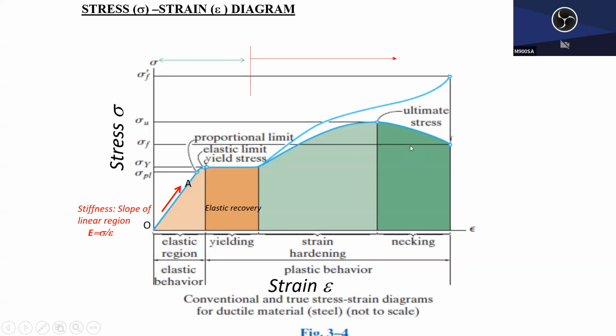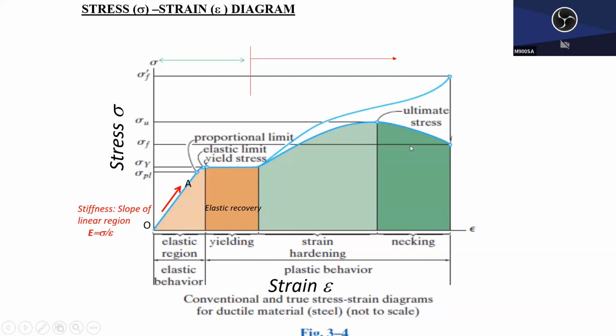Why? Looking at this slope shows the stiffness, right? Stiffness of the material, correct? If we do the same thing to a different material, and the slope is a lot less steep, then what does that mean? Softer, correct.